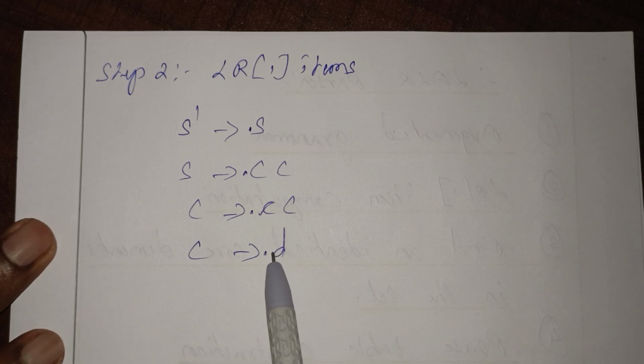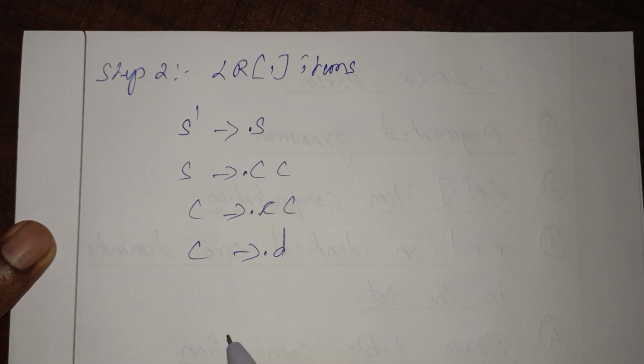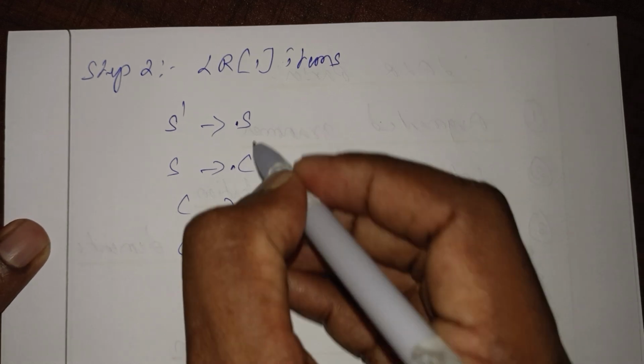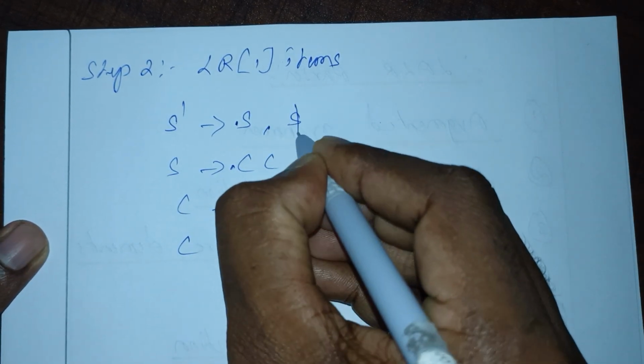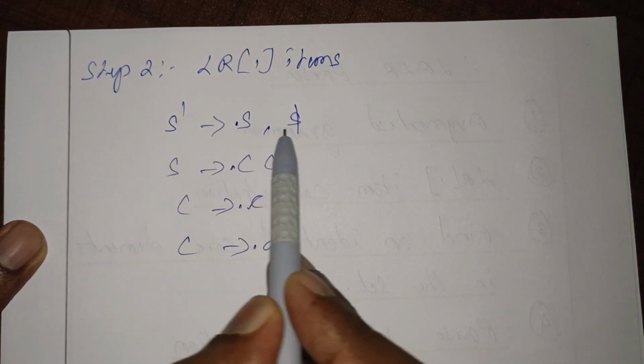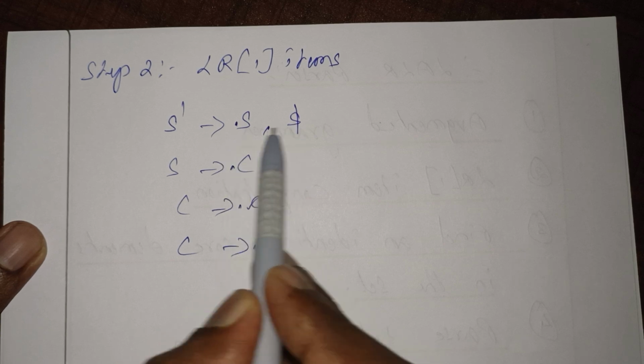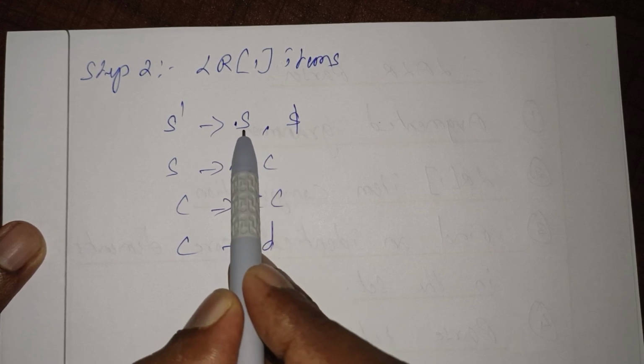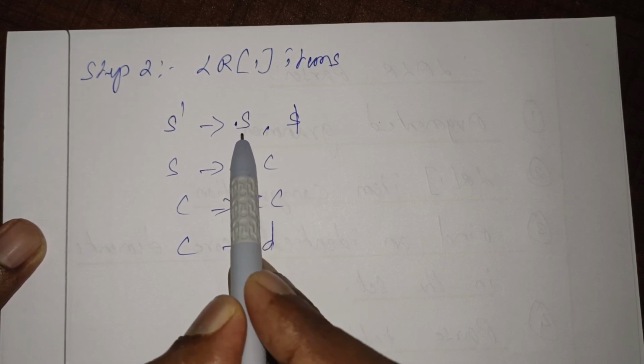So we have 2 terminals here, small c and d. In addition, we are going to add a dollar for the starting state. Wherever you find S, you need to add dollar. Why are we adding this dollar for capital S alone? Because capital S is the starting state.